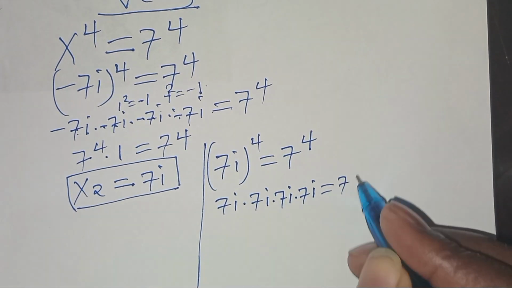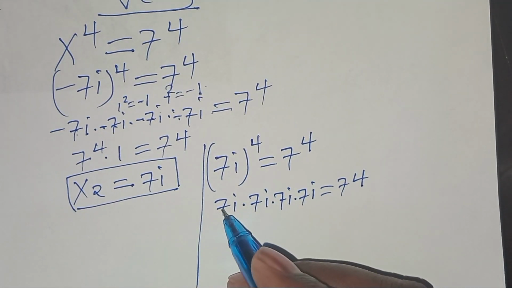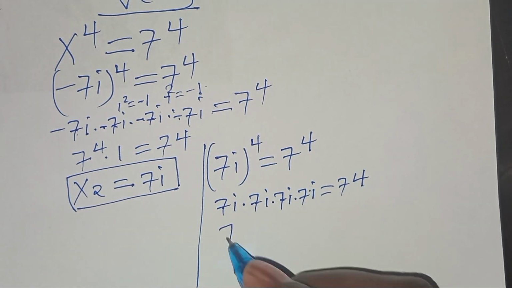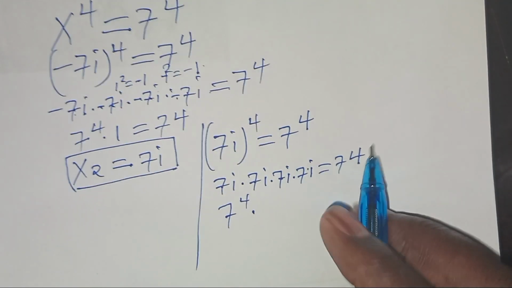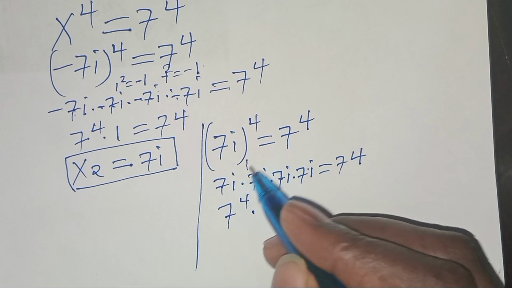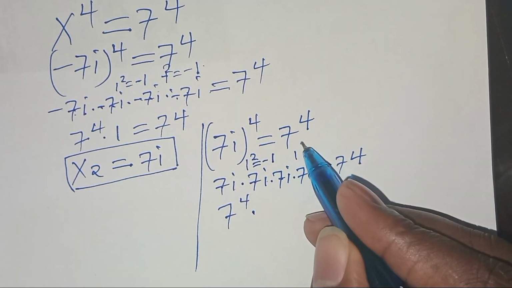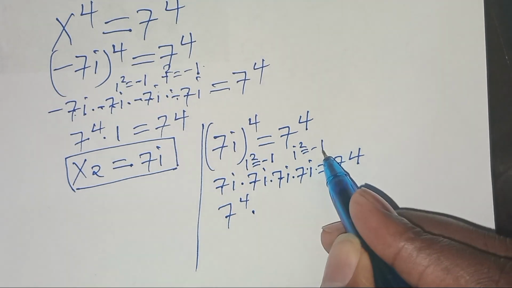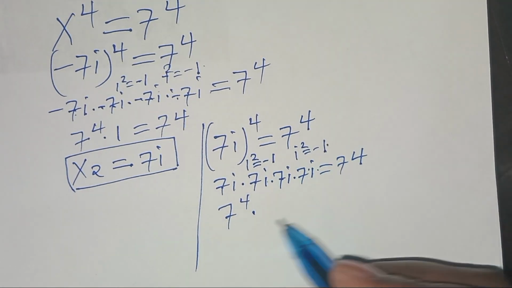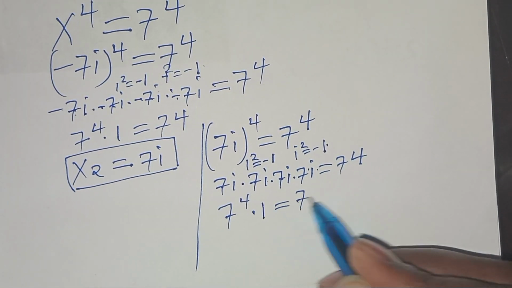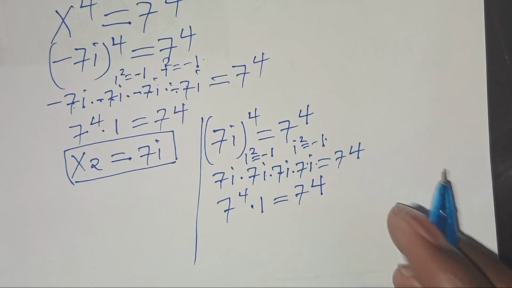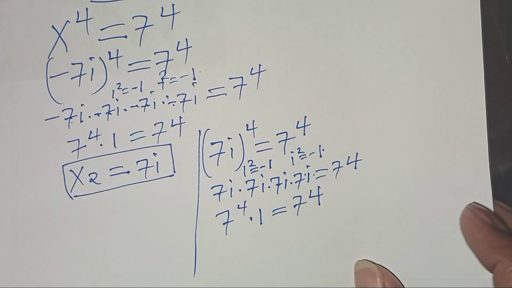Here you have 7 times 7 times 7 times 7, which is 7 to the power 4, times i times i, which is i squared, equal to negative 1, and i times i, which is i squared, equal to negative 1. So negative 1 times negative 1 is 1, which gives 7 to the power 4. So that means that x2 satisfies the equation.